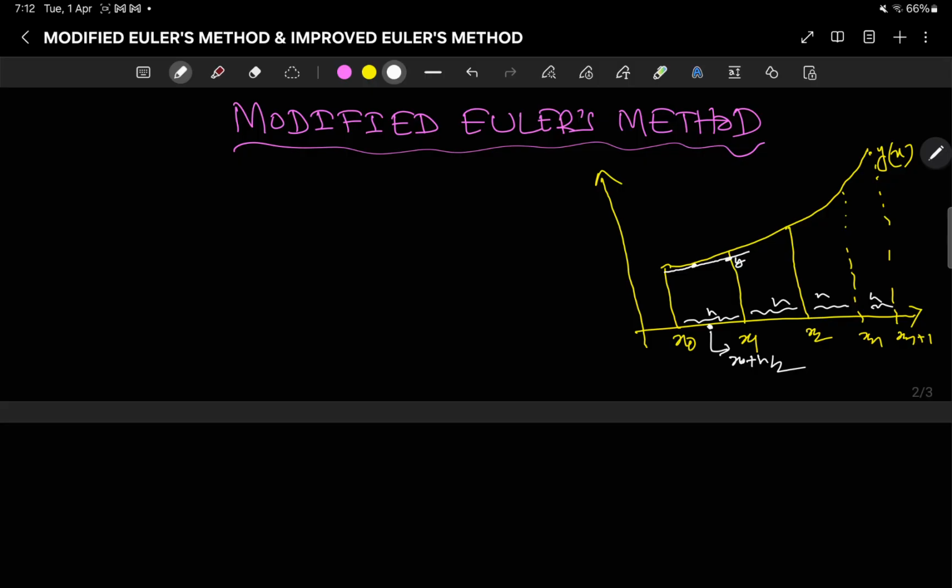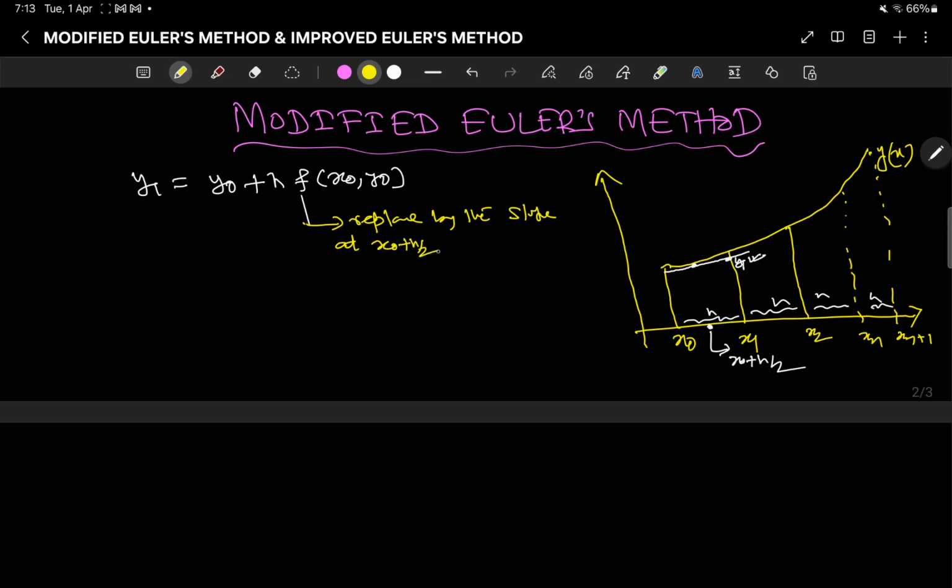This is my y1 here. I want to find this y1. So by Euler's method, this y1 is given by the formula y0 plus hf(x0, y0). But I want to replace this by the slope at x0 plus h by 2, corresponding to this, which will be f of x0 plus h by 2.